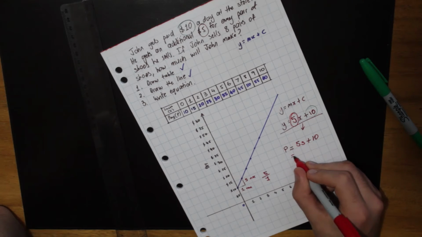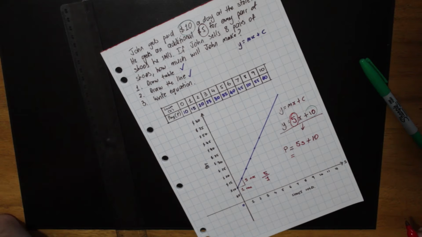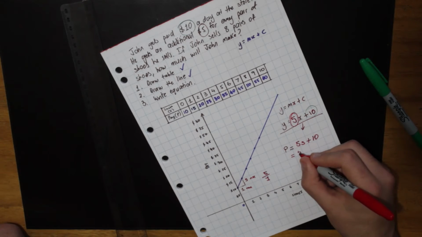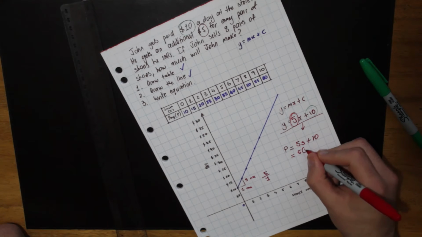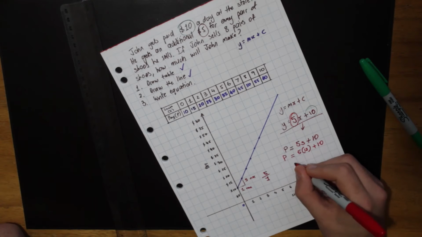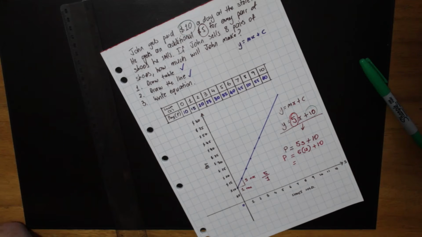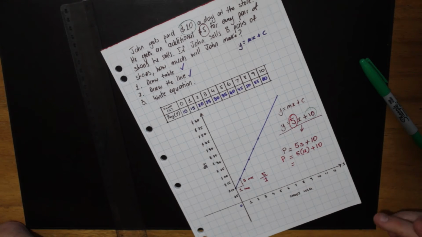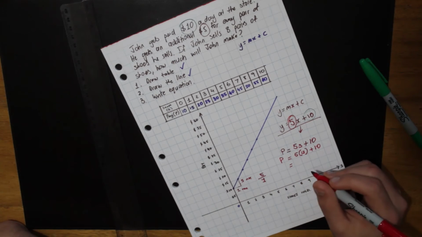So let's find out if he sold, let's say 12 pairs of shoes. We can say 5 times 12 plus 10 will equal John's pay. So we know that 5 times 12 is going to be 60.